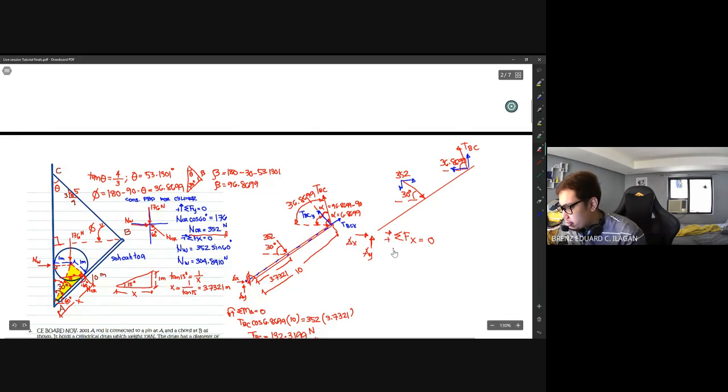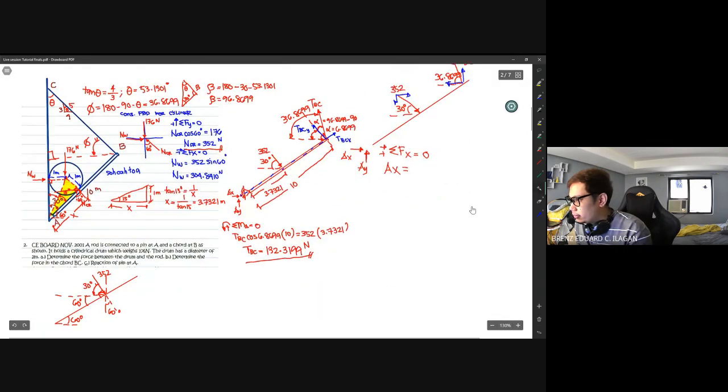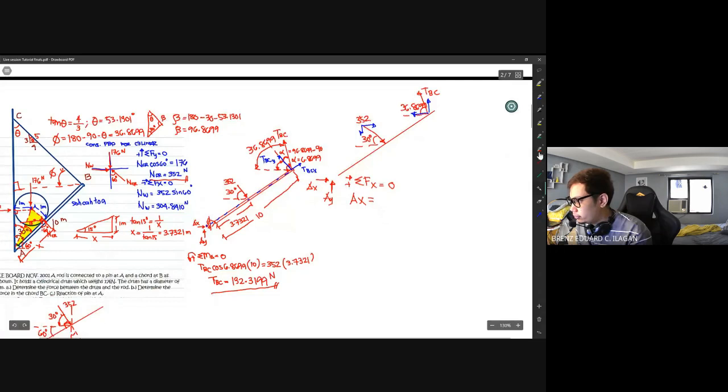We have here AX equals TBC, positive, which has a value of 132.3199, multiplied by cosine of 36.8699, minus 352 cosine 30.